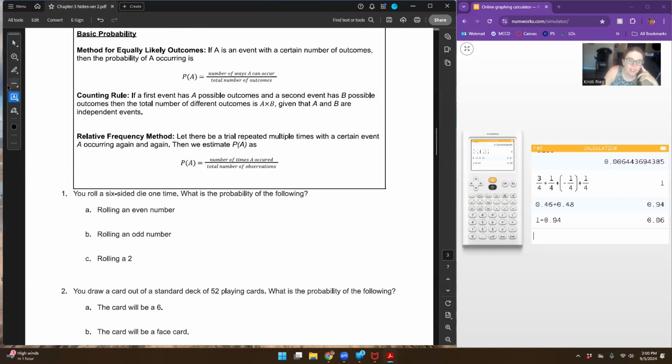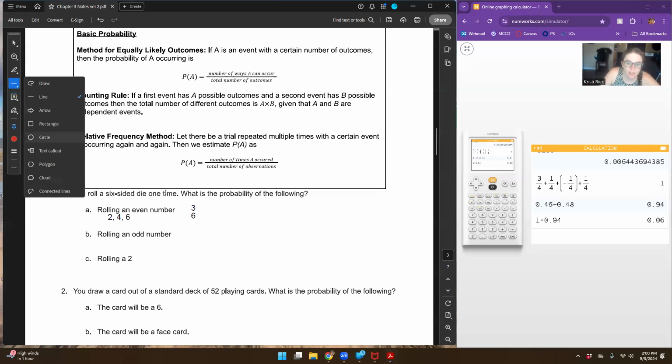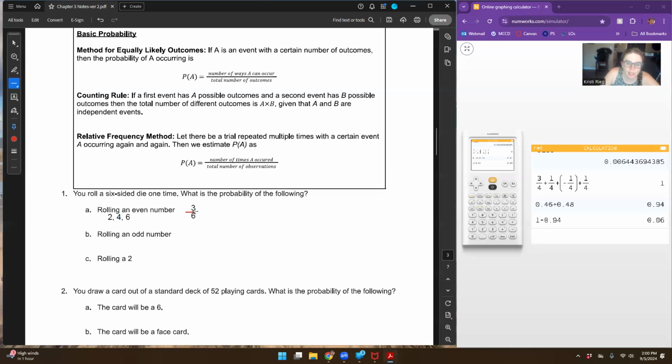And so a six-sided die has the numbers 1 through 6 on it. So rolling an even number, well, the even numbers on a six-sided die are 2, 4, and 6. There's 3 even numbers over a possible 6 total numbers on the die. So that's what these formulas up top are telling us.